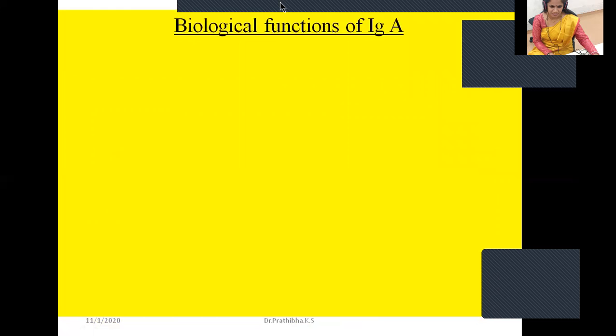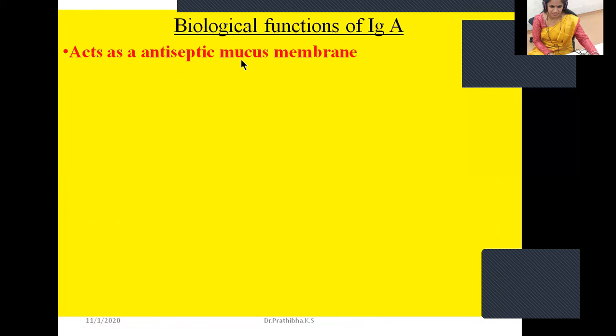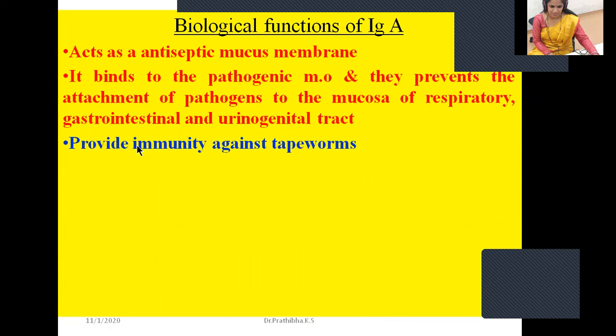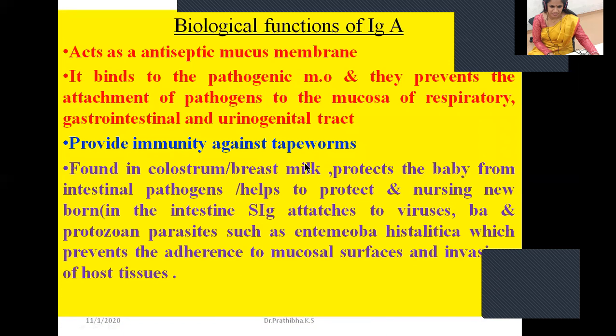Now let us go through the biological functions of IgA. It acts as an antiseptic on mucous membranes. It binds to pathogenic microorganisms and prevents the attachment of pathogens to the mucosa of the respiratory, gastrointestinal and urogenital tract. IgA also provides immunity against tapeworms.